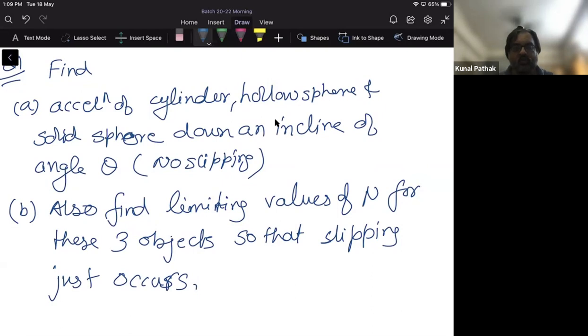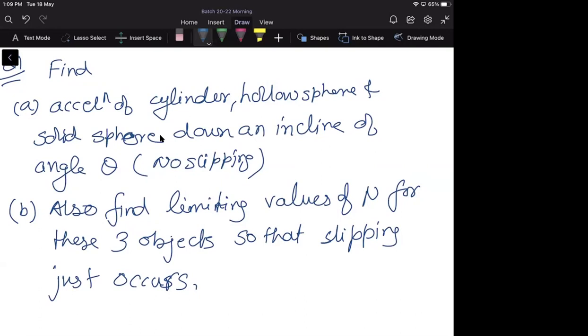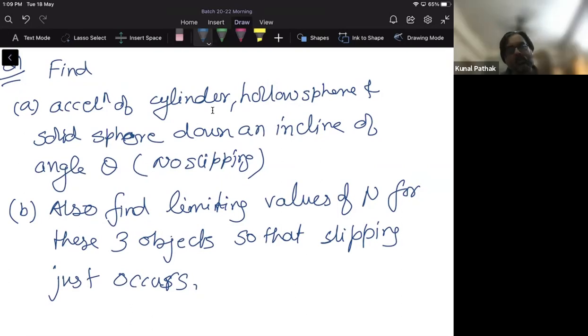Remember we found it for that earlier. If a block is kept on an inclined plane, what should be the limiting value of mu so that it slides down? And the answer was mu is equal to tan theta.